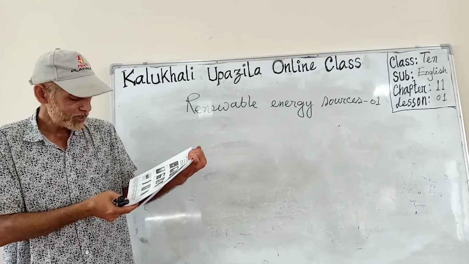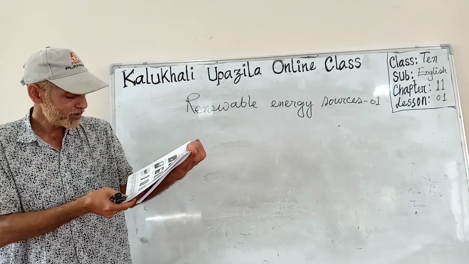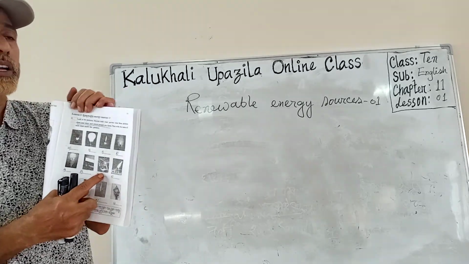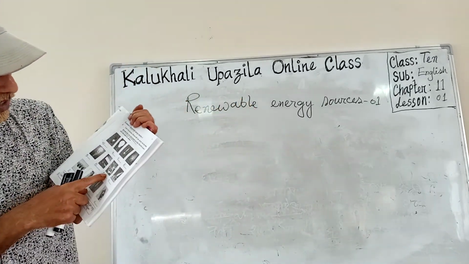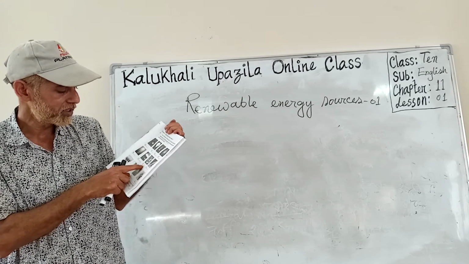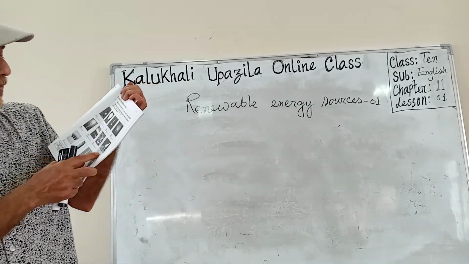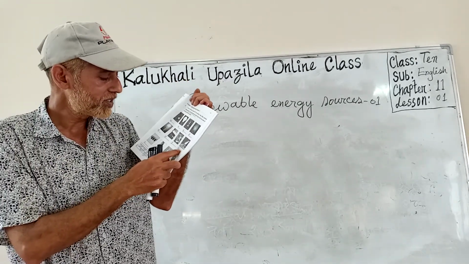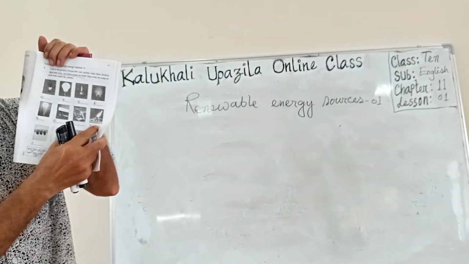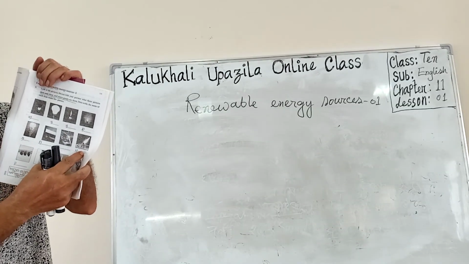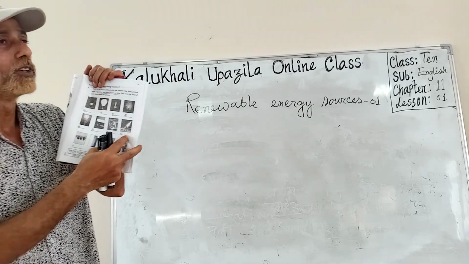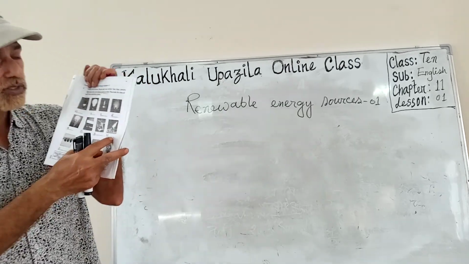And number 7, it is a headlight of a car or bus or truck or train. And then number 8, yes, it is a searchlight. Where do we use a searchlight? We use it to search for anything.